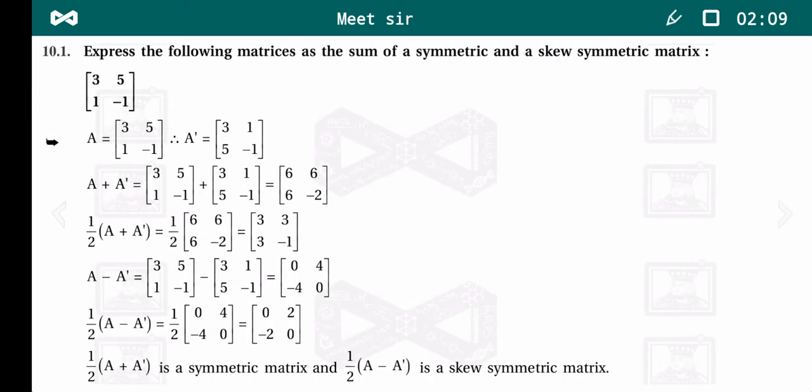Now we move on to example number 10. Here the question is, express the following matrices as the sum of a symmetric and a skew symmetric matrix. We will see theorem number 1 and 2.